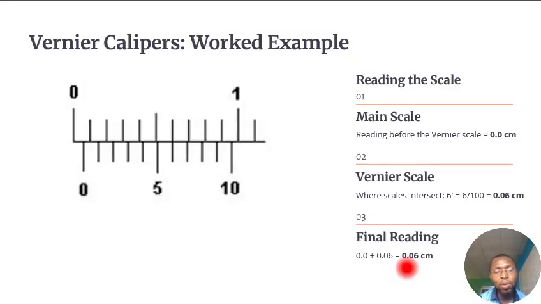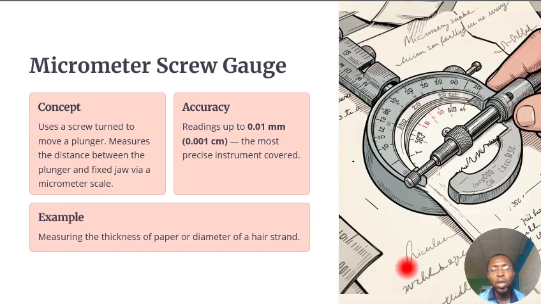So the last instrument that you use to measure distance or length is called the micrometer screw gauge. The micrometer screw gauge is different from the vernier caliper because it's its own concept. You have to keep turning the plunger. As you turn the plunger, the jaw will hold the object to be measured.